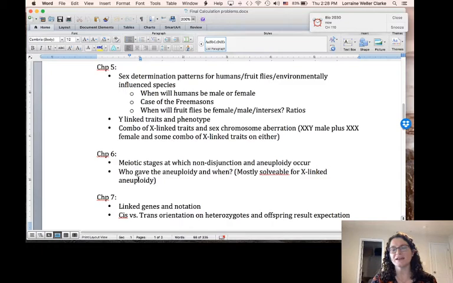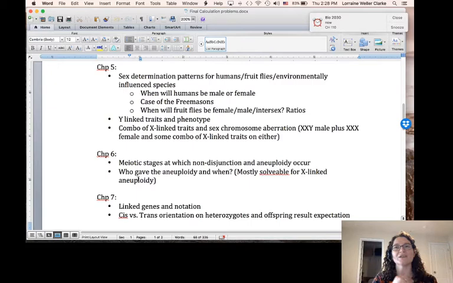But the actual calculation problems are more about determination, in particular that fruit fly ratio problem. So expect to see something like that ratio problem for the chapter 5 questions. These are just the calculation-based ones that you might see where you have to fill in the blank.